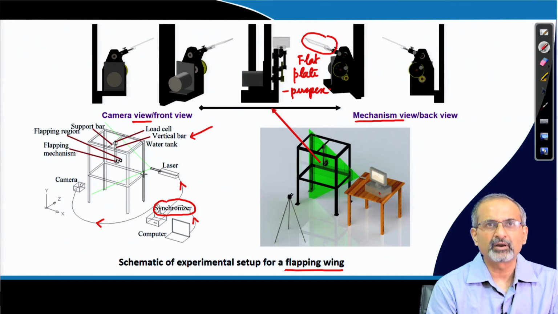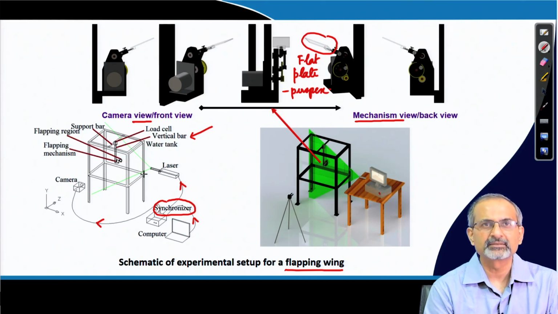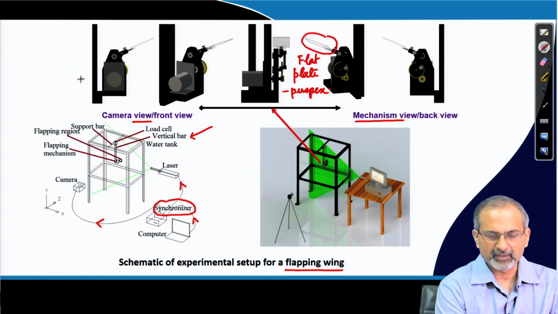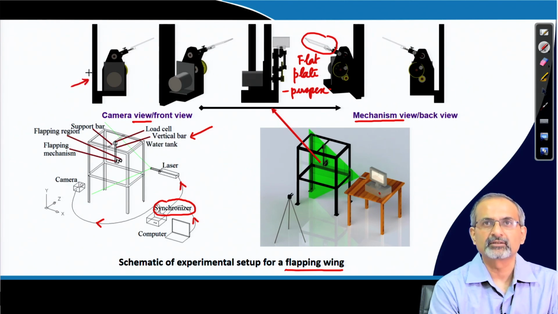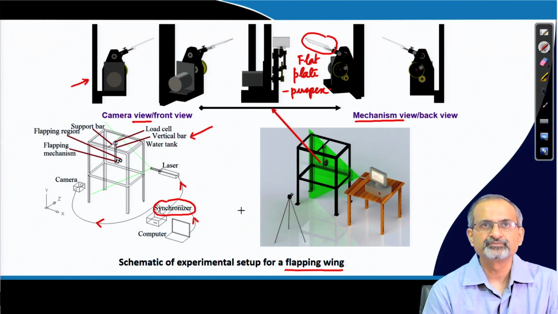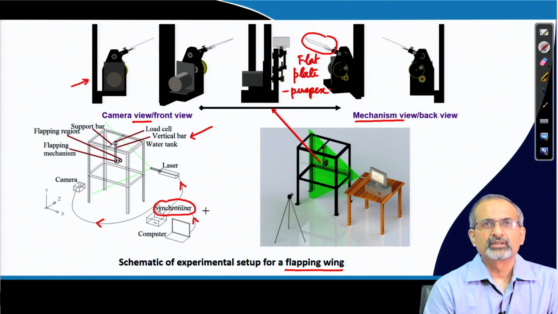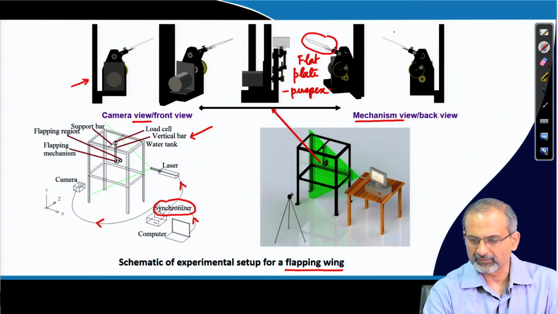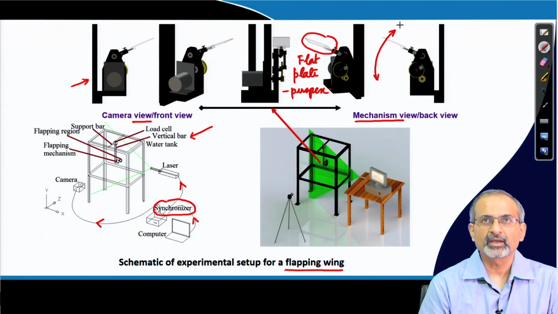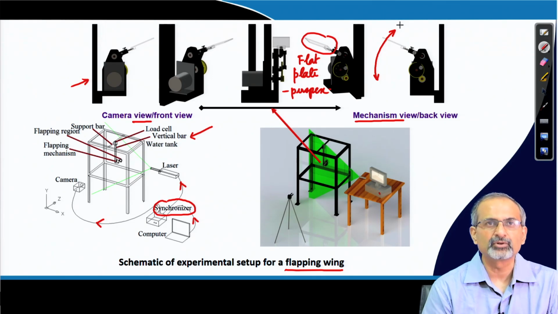You have a vertical bar from which the flapping mechanism is suspended. The flapping mechanism's details, close up views, are shown over here. There is a kind of 4-bar linkage which helps you to achieve that reciprocating motion of the flapper. It moves up and down, and thereby it churns the fluid around in its neighborhood.